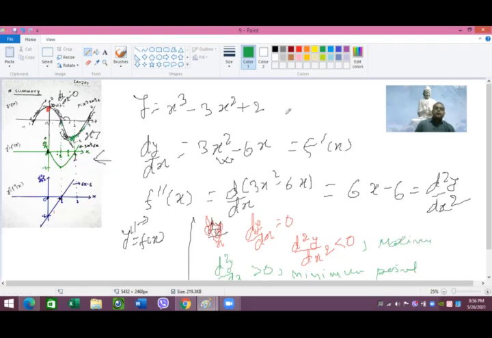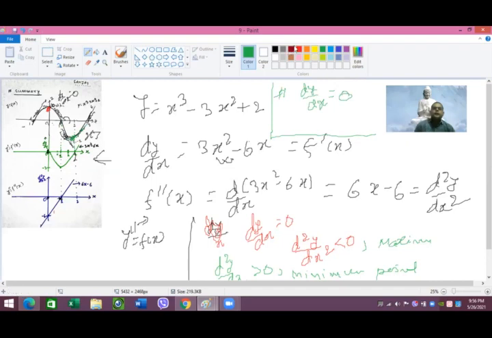So therefore, in order to find the maxima and minima, you will have a condition like this: in both the cases, for maxima or minima, I'm talking about local maxima and local minima, one point is fixed, that the first order derivative dy by dx equals to 0.